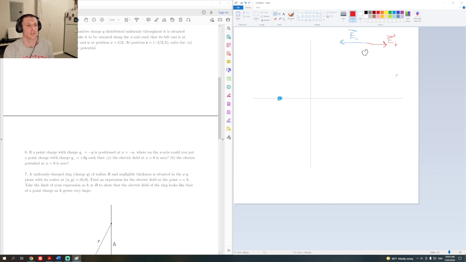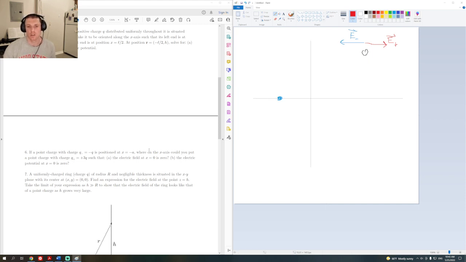And again, this just comes down to this idea that the electric field points radially away from positive charges and radially toward negative charges. Okay, so we also need to think, and this is not super important, honestly, because it'll all kind of just work out, but we need to think about maybe where this charge should be.